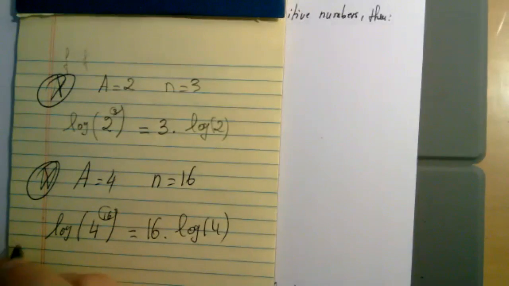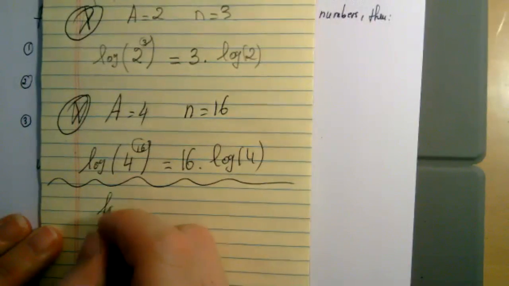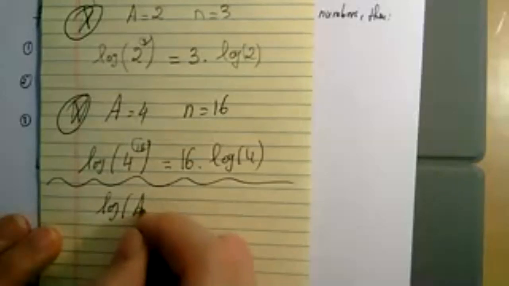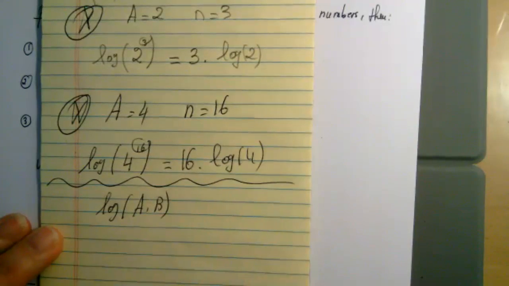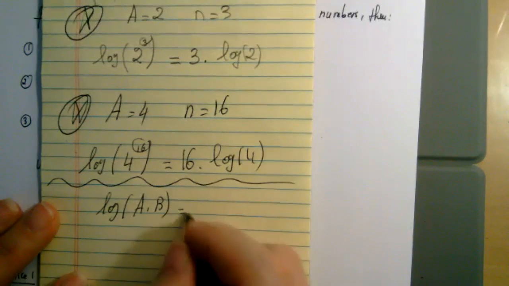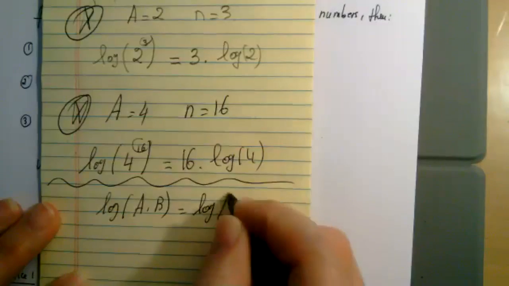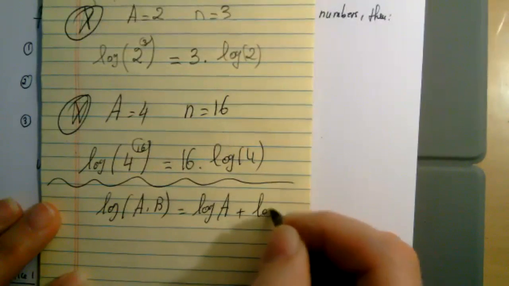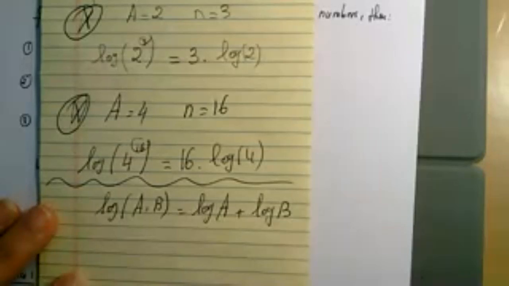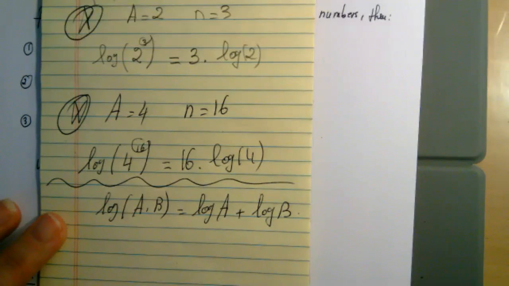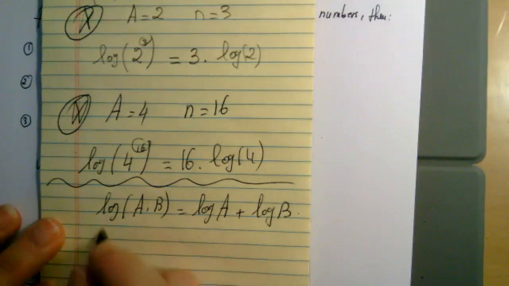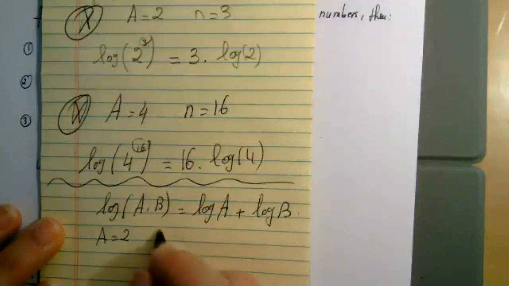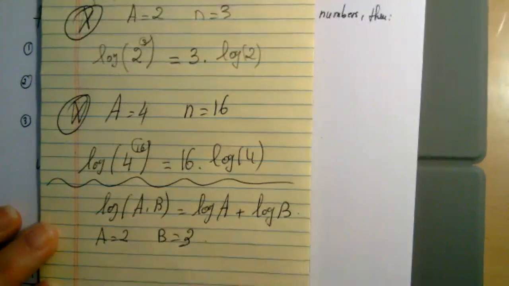Now, property A tells me the following. I'm going to play the same game with A. A tells me that if you have two numbers and you multiply them and you take their log, you get the same answer as the log of the first plus the log of the second. So for example, suppose I take A to be 2 and B to be 3.